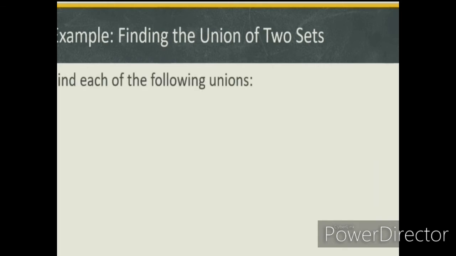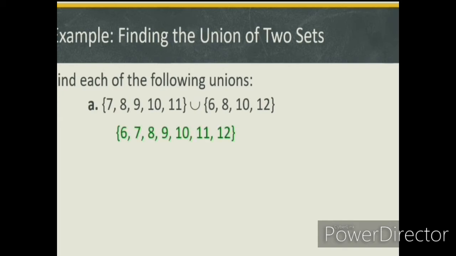For example, we have letter A. Set 1 contains numbers 7, 8, 9, 10, 11, and set 2 contains 6, 8, 10, and 12. What would be the union of the two sets? So meaning, it would be from 6 to 12. How about letter B?